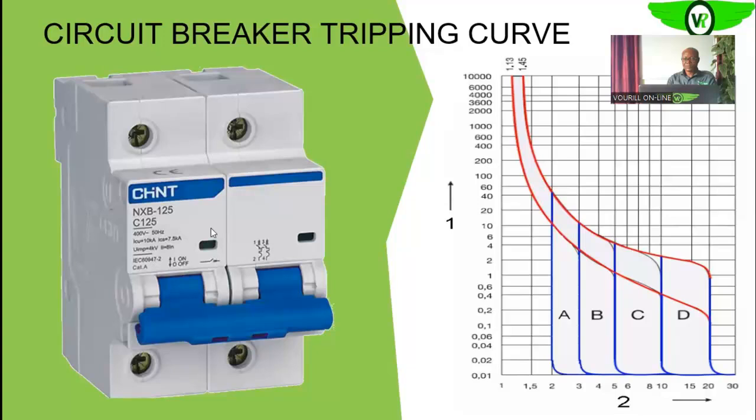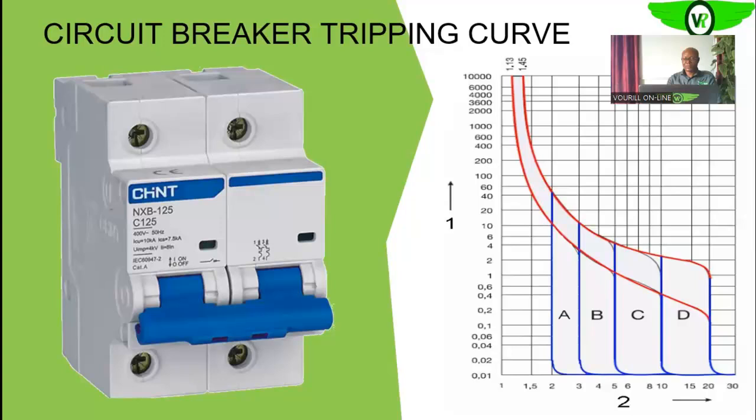That is what is called nuisance tripping. Tripping when it is not supposed to trip, because the very high current that it sees is a normal load, part of the normal operation of your motor load or your transformer.